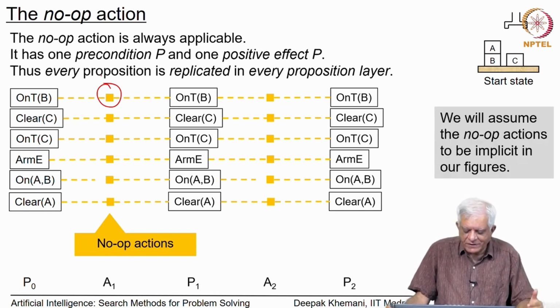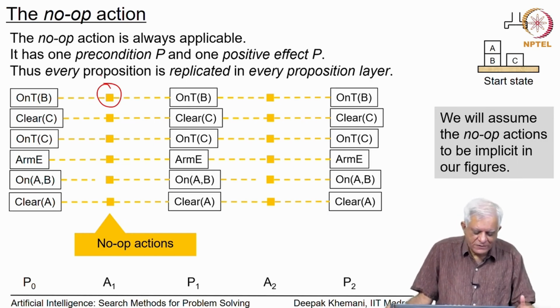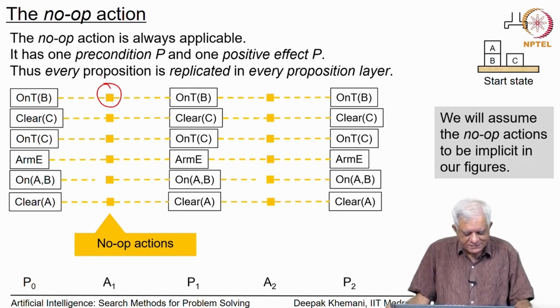In the diagram that we will draw, we will not draw the no-op actions. We have shown them here, and except for one specific place, we will not show them again. You must assume that these no-op actions are there as part of the planning graph.